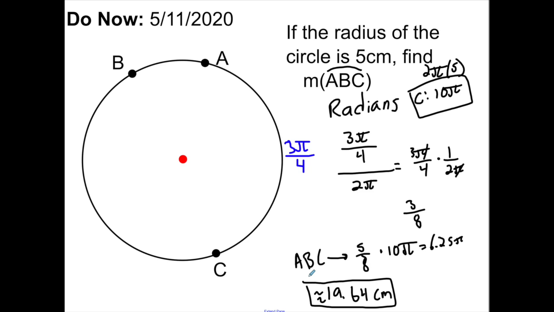Instead of saying that a circle has 360 degrees, we say it has 2 pi radians. So instead of dividing out of 360, we're now dividing out of 2 pi. And then we're solving these circle problems with arc length and sector area the same way that we did with degrees in the very beginning. So hopefully you're able to get this right.